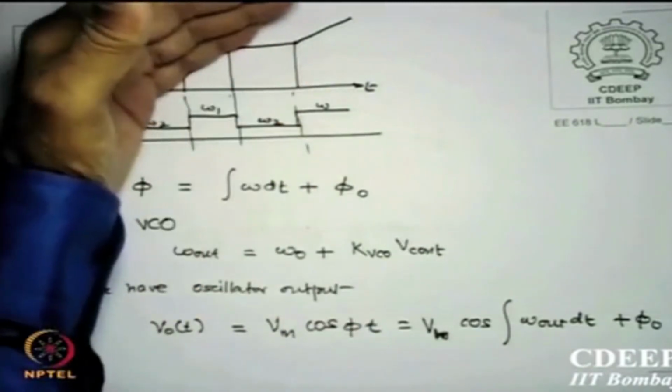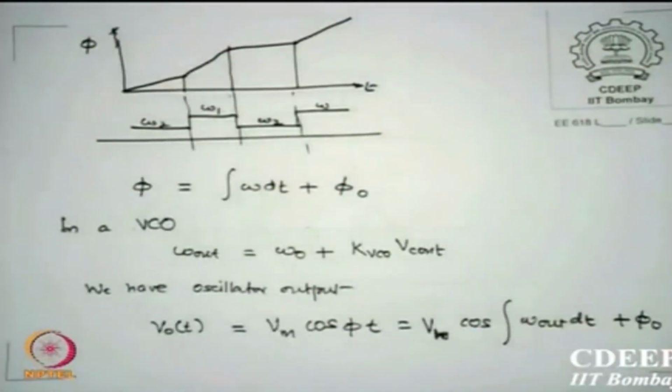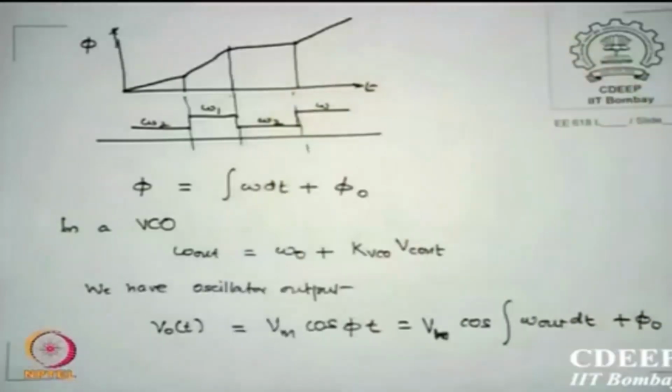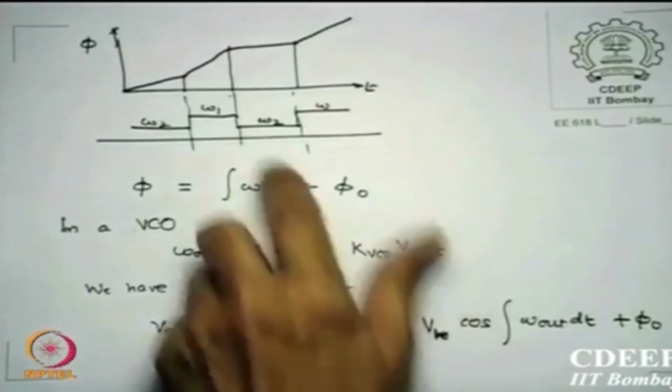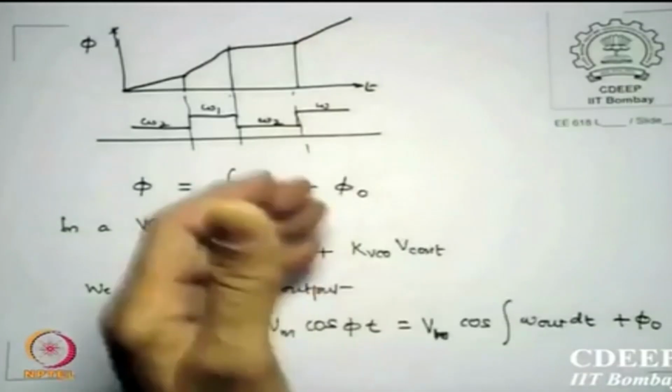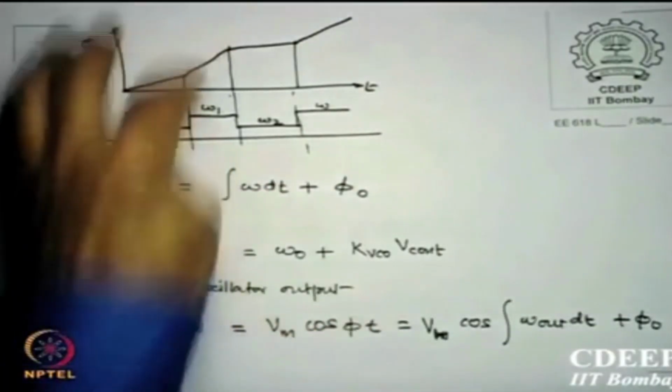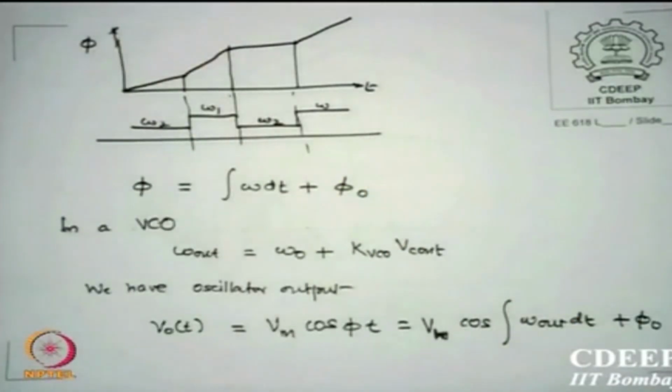As long as this slope is maintained, the frequency is omega 2. Let us say the same slope occurs again, so you go down to omega 2, again it rises with the same slope. If it is different, it will have a different frequency. So this and this are essentially the same.